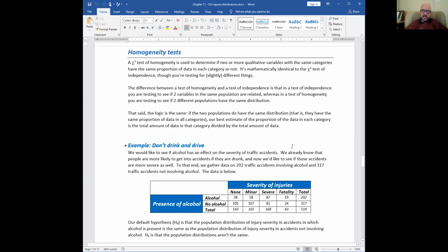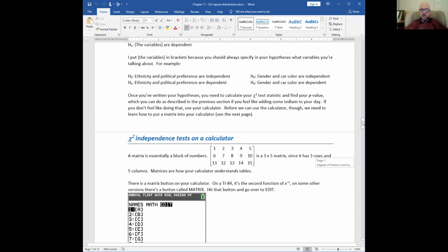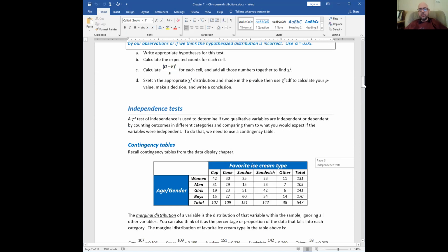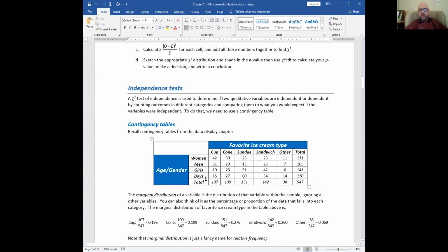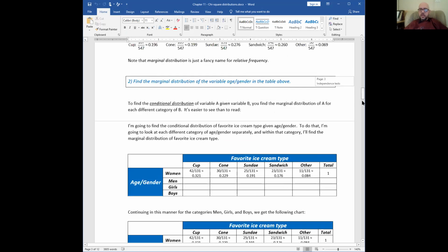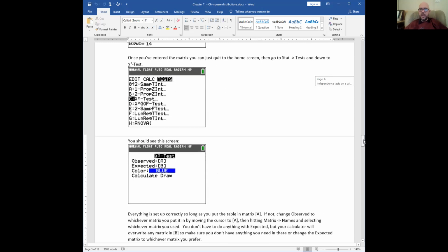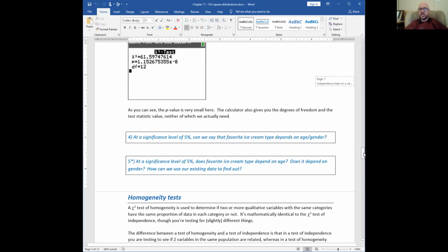So you could ask this in a homogeneity test way by saying, do the different populations, women, men, girls, and boys, have the same distribution of favorite ice cream type? In other words, are those distributions homogeneous across populations? That's why it's called a homogeneity test. The only effective difference here is how you write the hypotheses.